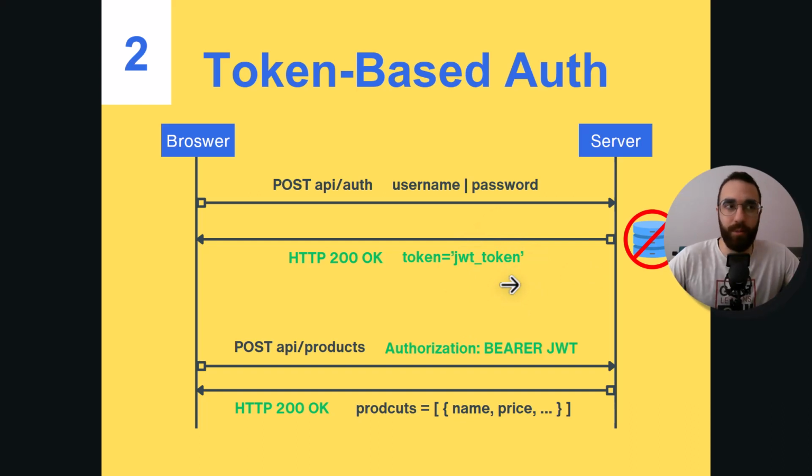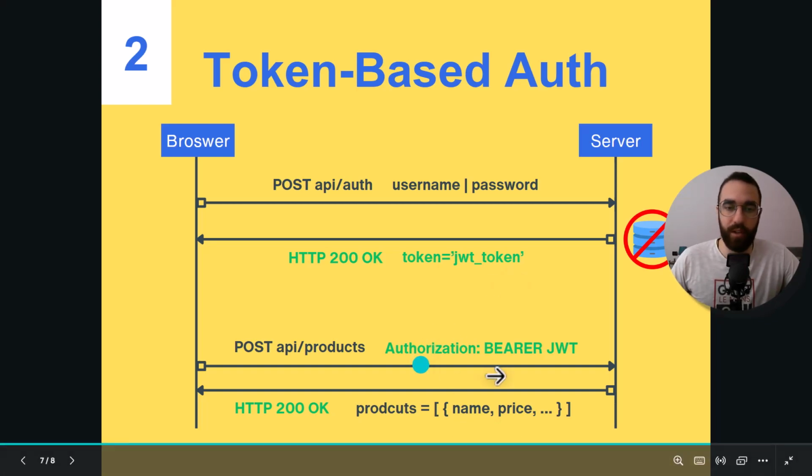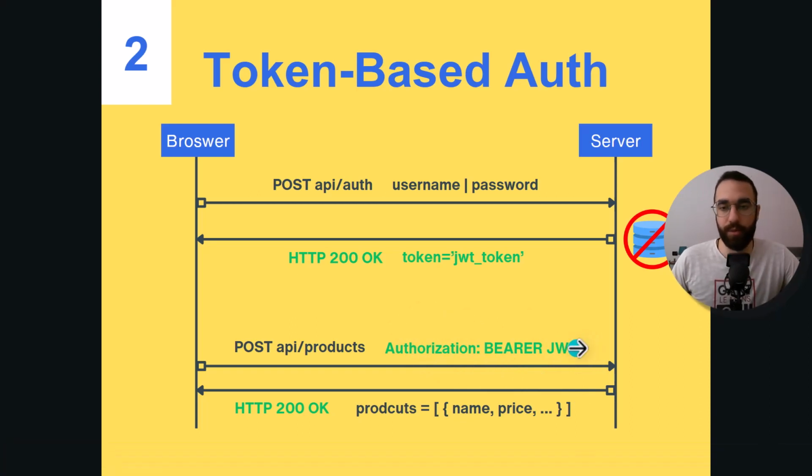Why do I do that? Because if I work in a team, I don't need my front-end developers to worry about sending the authorization header, as you can see here, in every request, because the authorization header is not sent automatically from the browser to the server. The developers have to configure the request in a way that it sends this authorization header.